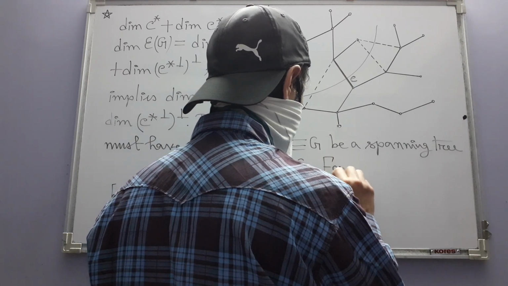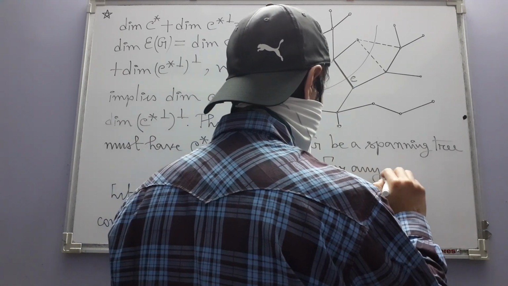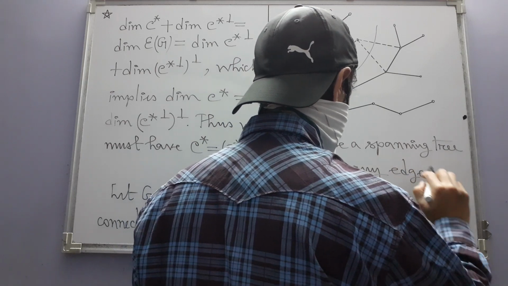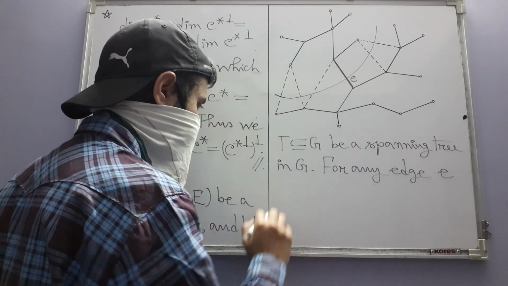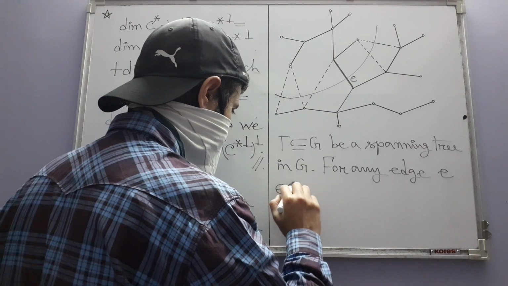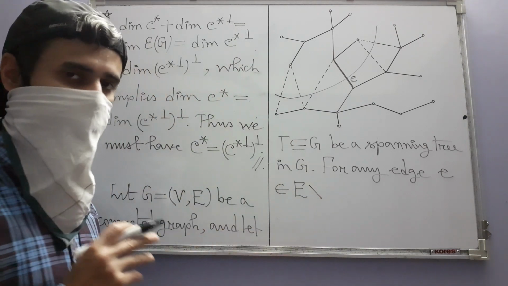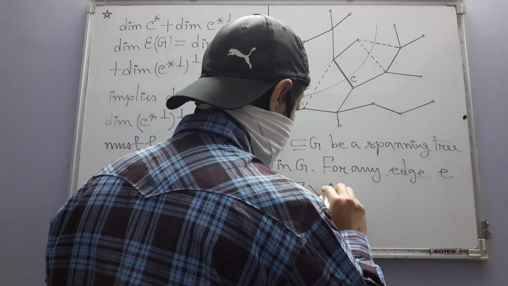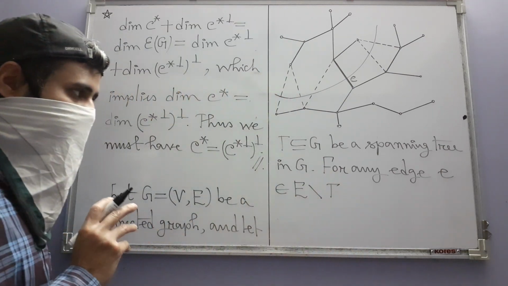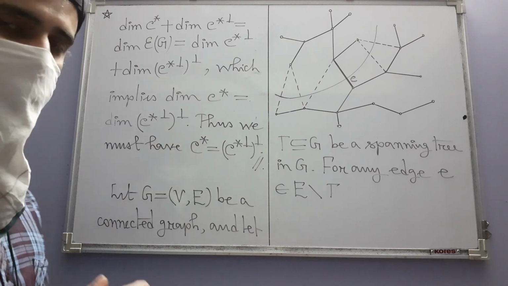For any edge e not belonging to the tree itself, that is, which is an edge in the original graph, but it's not an edge in the tree.